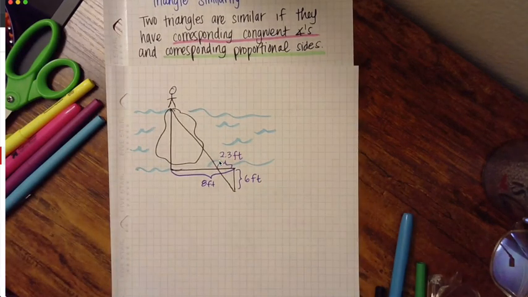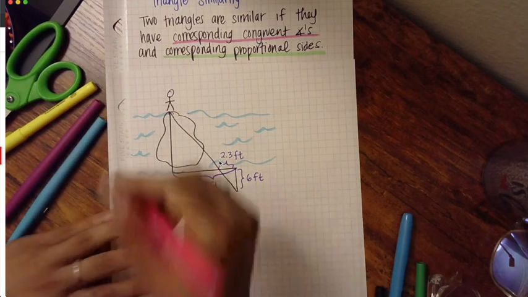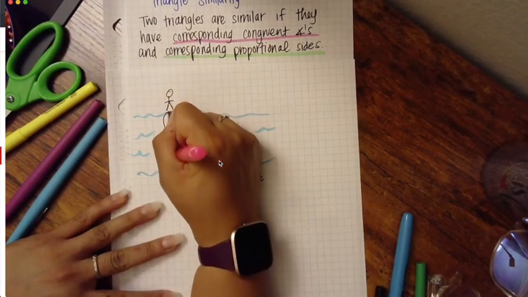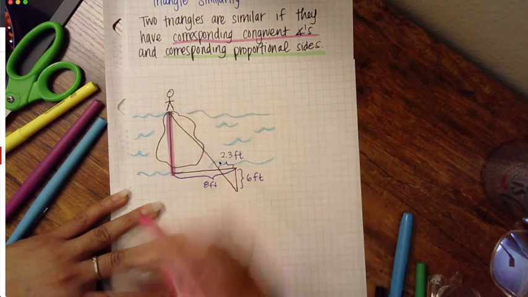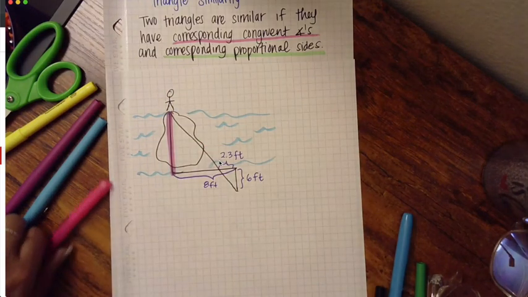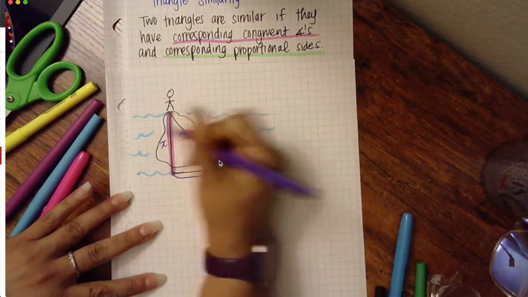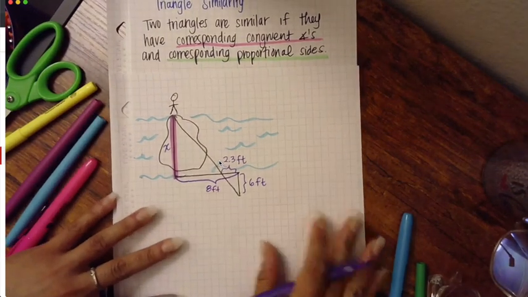So his goal was to figure out what this distance across the river was. That's what he wants to figure out. So we're going to call that distance across the river x, okay?